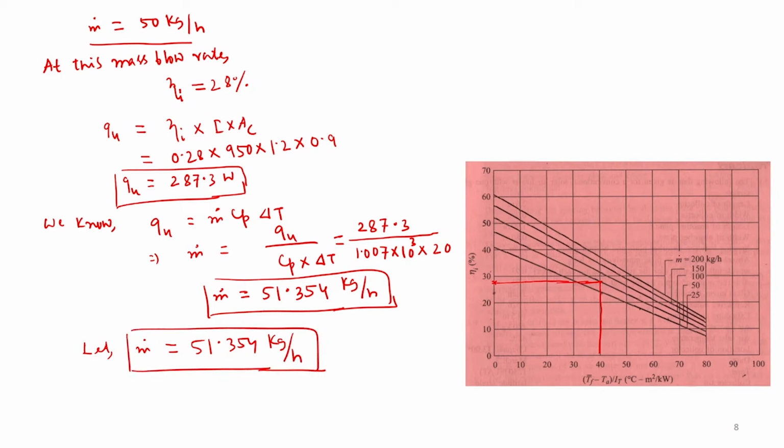We started with 50 and we got 51.354, which is not exactly matching. Then let us try one more time by considering m dot is equal to 51.354 kg per hour. Now, let us do the calculation.